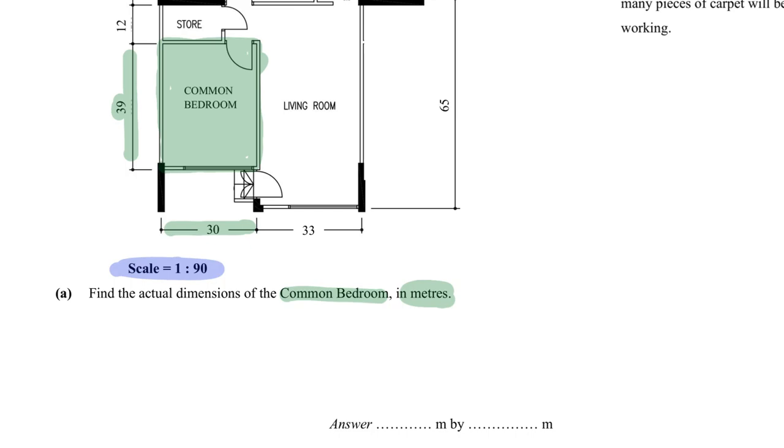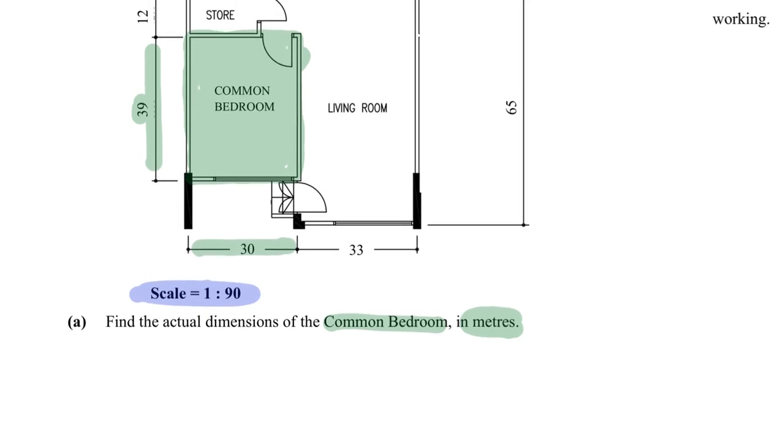Since the scale is 1:90, meaning 1 cm is to 90 cm, straight away I can get the 39 mm. If I multiply by my 90, I will get the actual dimensions in mm. 3510 mm, but we need to convert it to meter, so I convert it slowly.